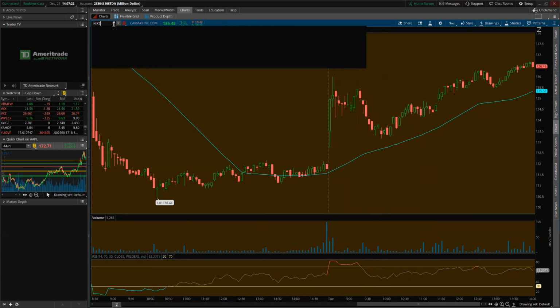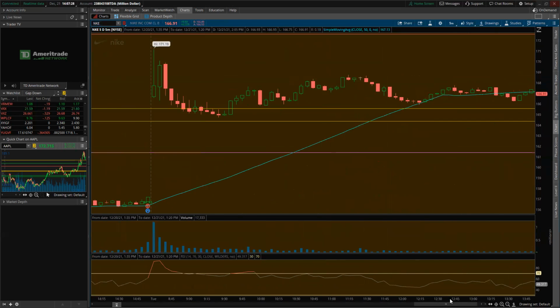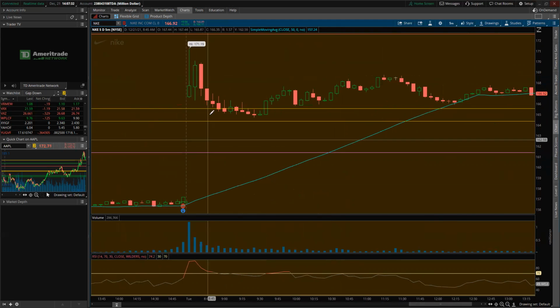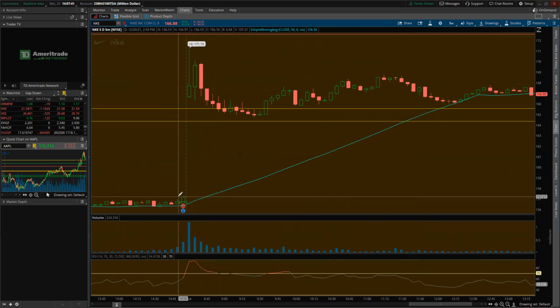Let's look at Nike, because Nike is gapped up on earnings. That's a huge gap that we had on Nike. So not only do we have a daily structure area here, but here's where Nike closed yesterday.